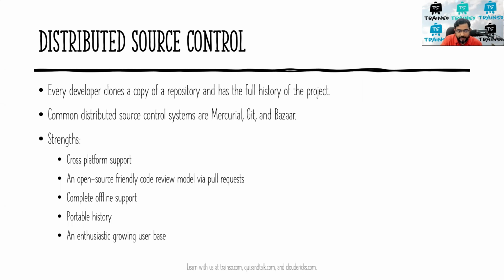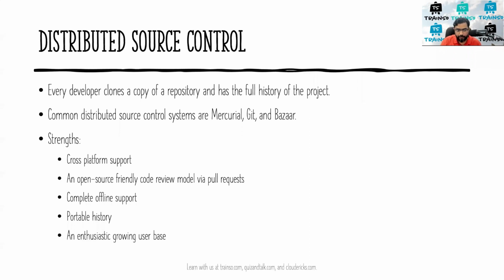You have complete offline support. You can work completely on your laptop, and then later when you decide, you can sync it with the main repository. But as a general practice, people do sync with the remote repository very frequently to avoid conflicts with other developers working on the same project.